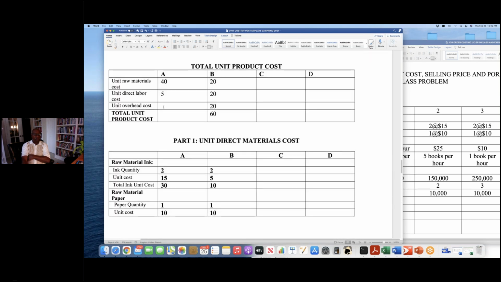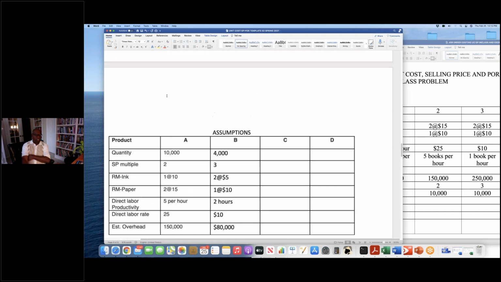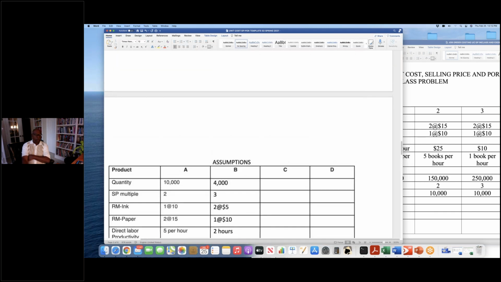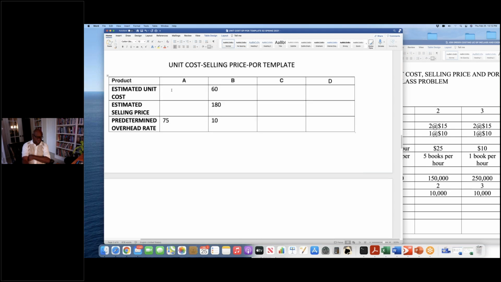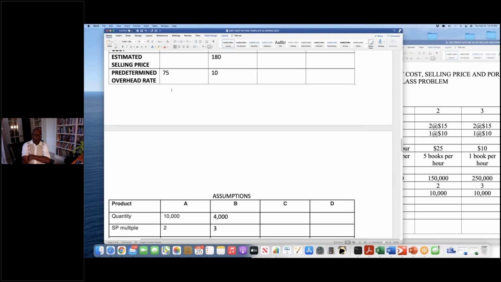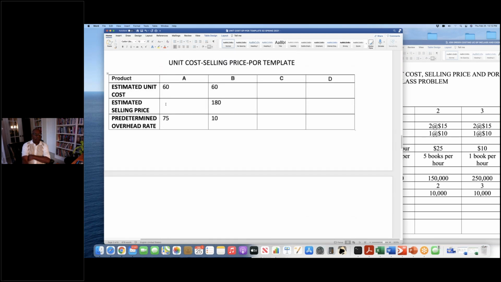Bring it up to our answer. Unit cost, to get our total product cost, which is what? 60. With that total product cost being 60, what's our selling price going to be?